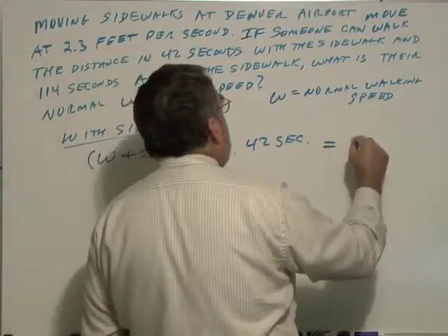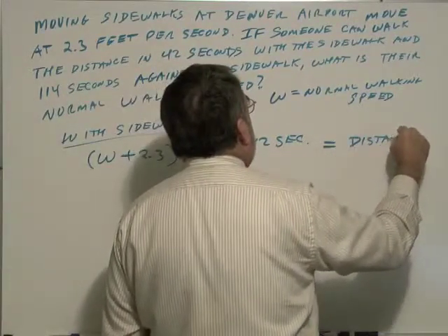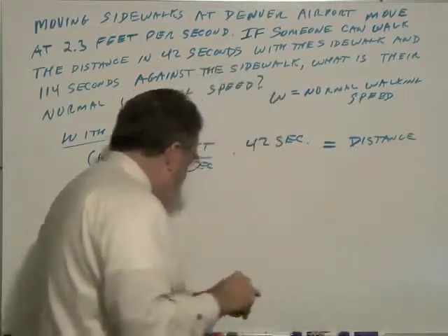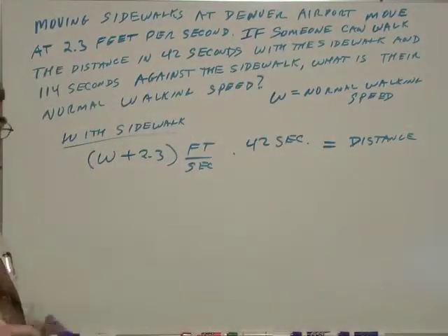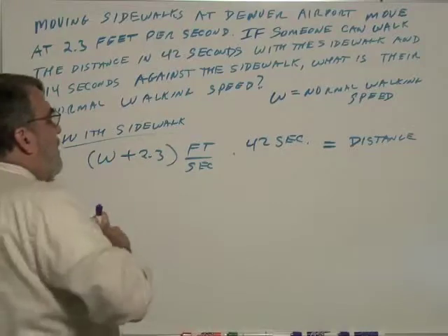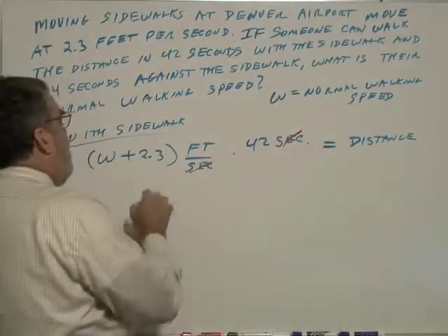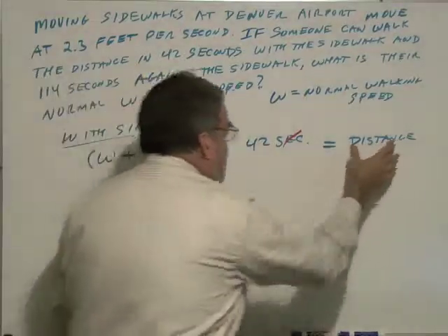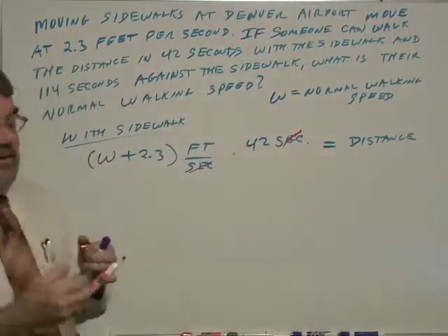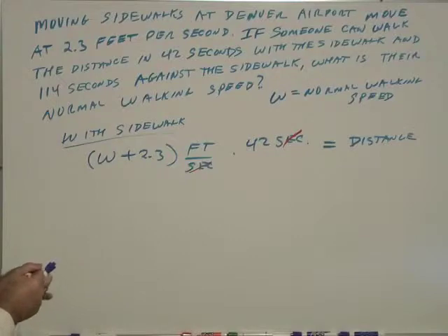And that equals the distance. Now the distance is measured in feet, isn't it? Because when we multiply these together, the second units cancel, leaving feet. Distance is measured in feet. So the units are okay here.